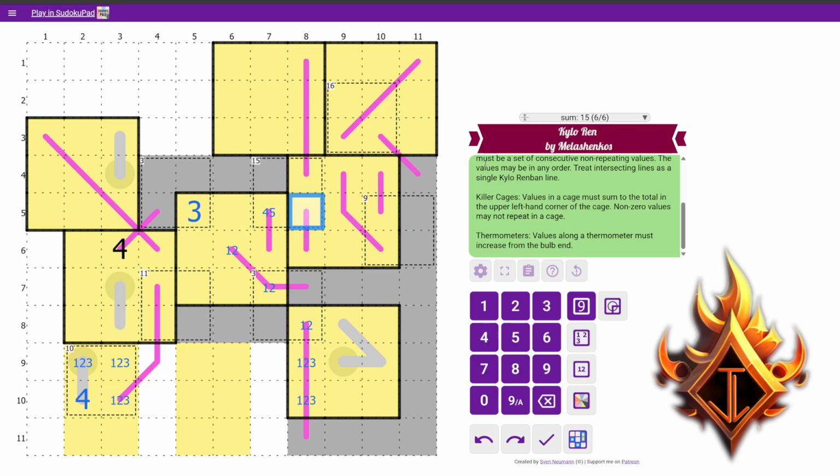Okay. But if this is 4, that is 5. And this could be 5, 6. Right. Because if this is not 4, 5, if that is not 4, 5 there, then this number here, or rather, if 4 was on this line, then this would be 8 at the minimum, and this would have to be a 3.